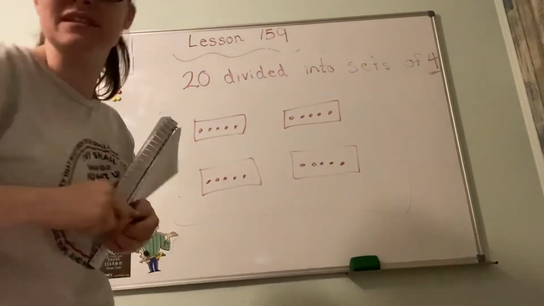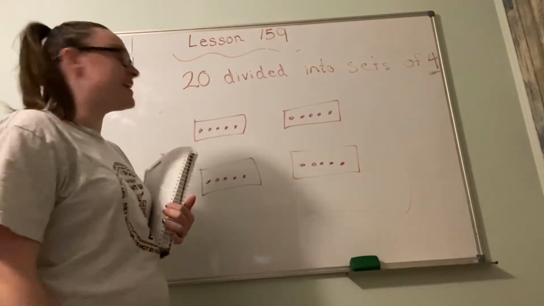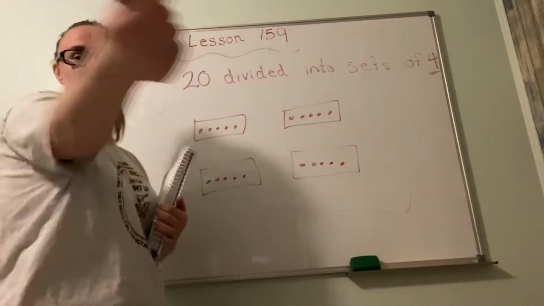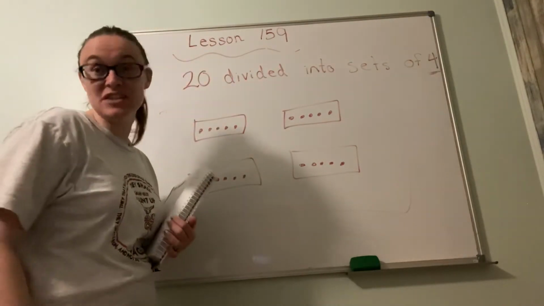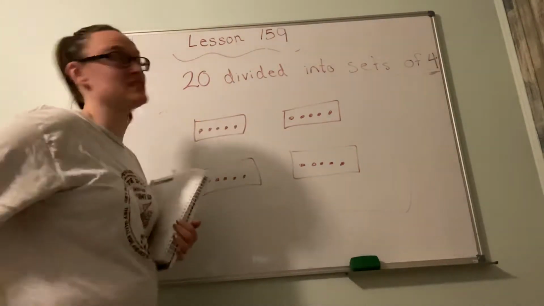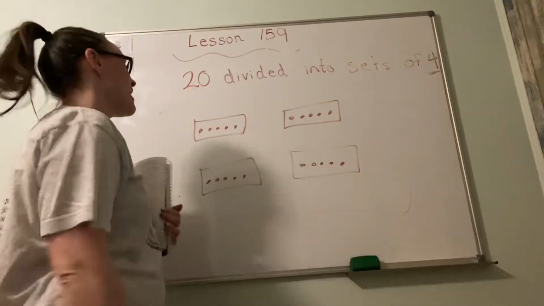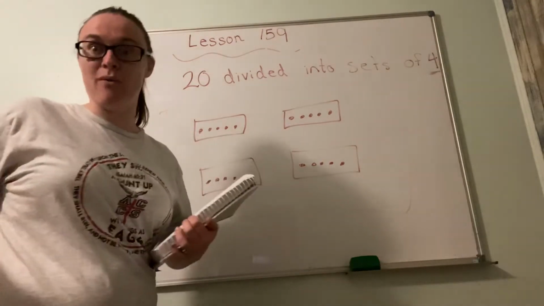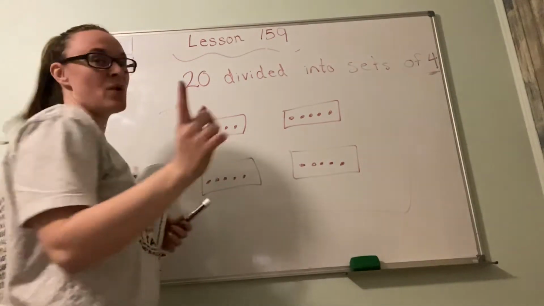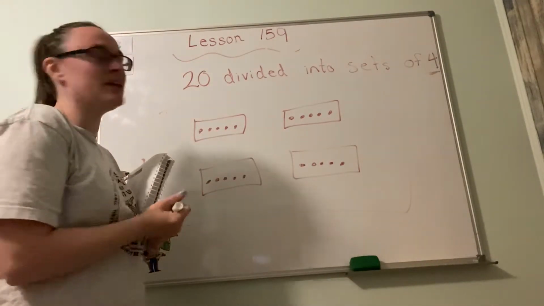This is almost like you're getting ready to play a game and you're dealing each person a card until they're all gone. This time you had 20 cards and you wanted to divide them into 4 different sets, 4 different people. And we want everyone to have the same amount when we're playing these card games, right? So what is that going to be? How many are in each set?